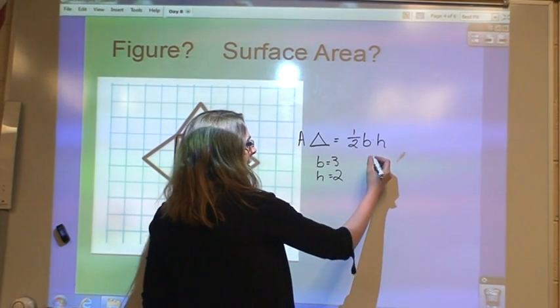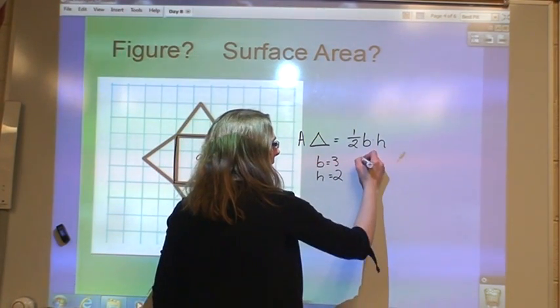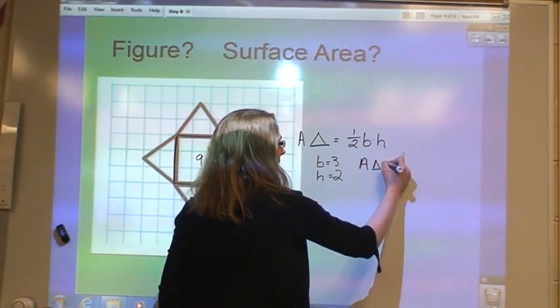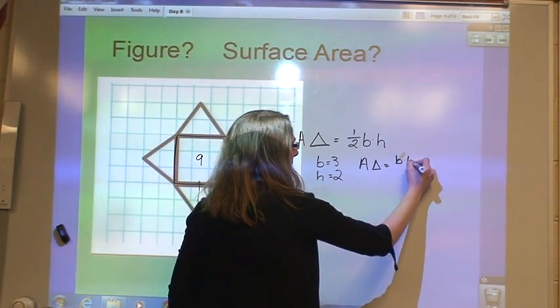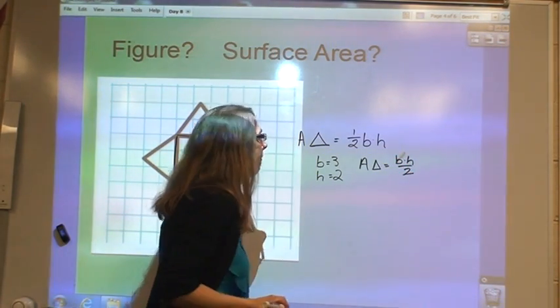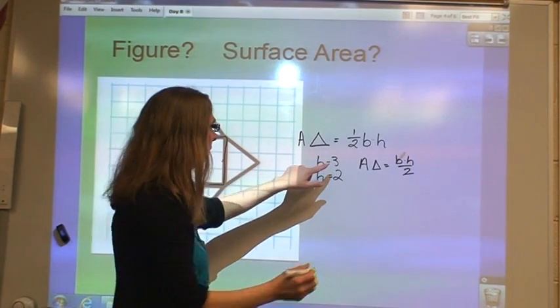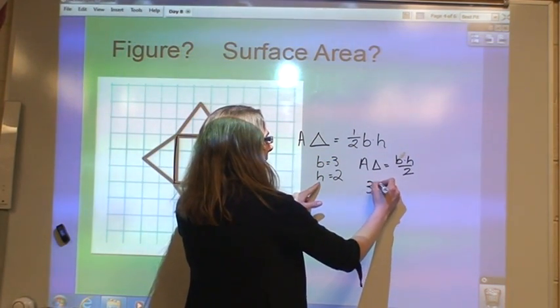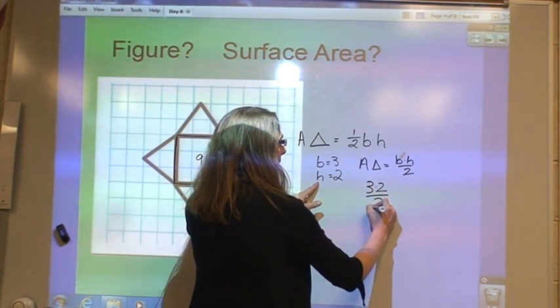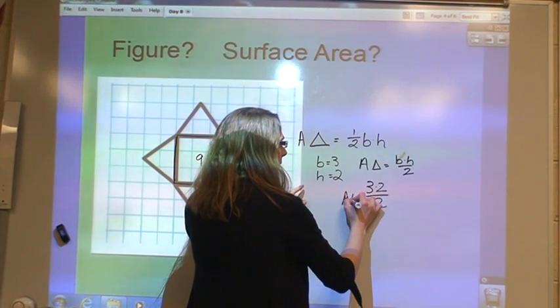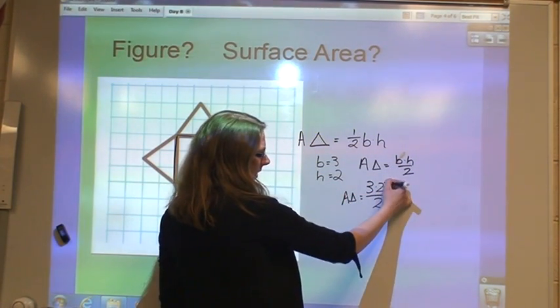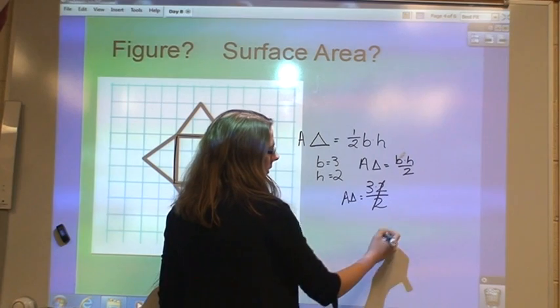But I'm going to go ahead and use the other formula on this one. I could also say it's base times height divided by 2. If I use that, I have 3 times 2, and I'm going to divide it by 2. I can actually see right here, I'm going to end up with a 2 divided by 2. That's just going to go away.